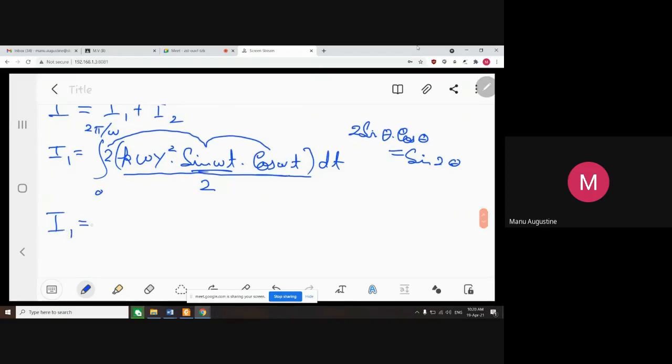So my first integral I1 equals the integral from 0 to 2 pi by omega of k omega y square over 2 times sin 2 omega t. You'll get this.